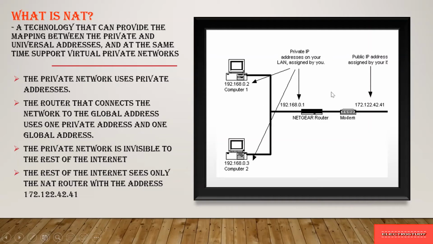The rest of the internet sees only the NAT router. The server will see only the NAT router with the address 172.122.42.41. So the client address will not be directly visible to the server. Only the router address will be directly visible to the server.